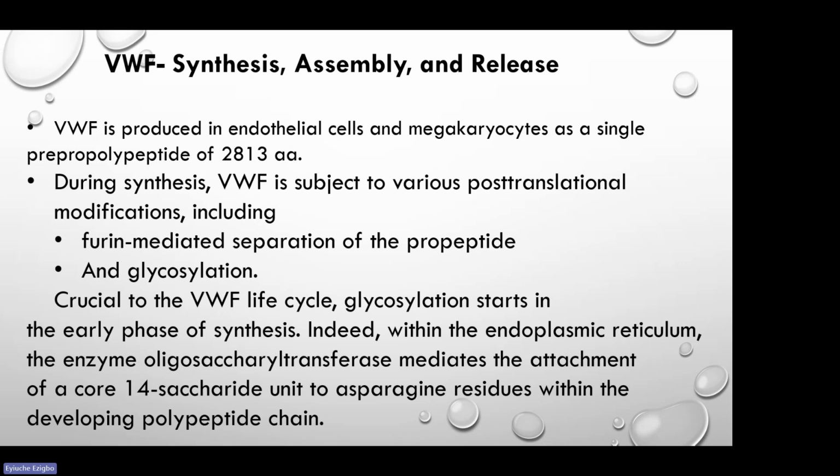Indeed, within the endoplasmic reticulum, the enzyme oligosaccharyltransferase mediates the attachment of a core 14-saccharide unit to asparagine residues within the developing polypeptide chain. You know, this is real biochemistry.